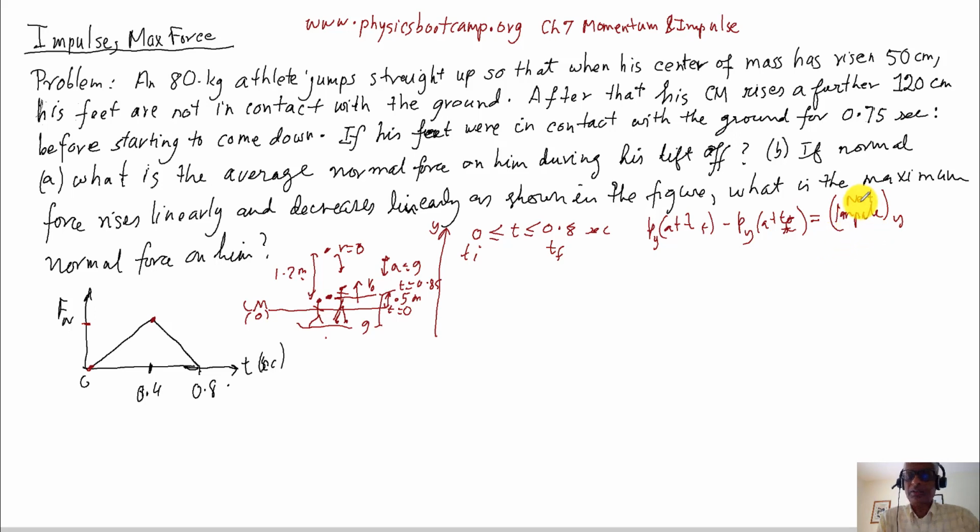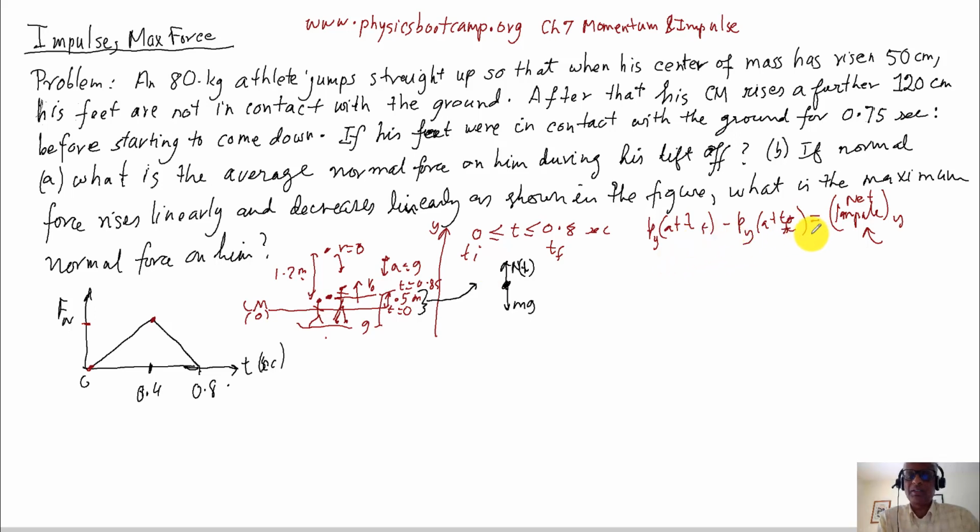For this we need to know the forces. During this time there are two forces on him, right? There's a weight mg, and there's the normal force, which depends on the time.